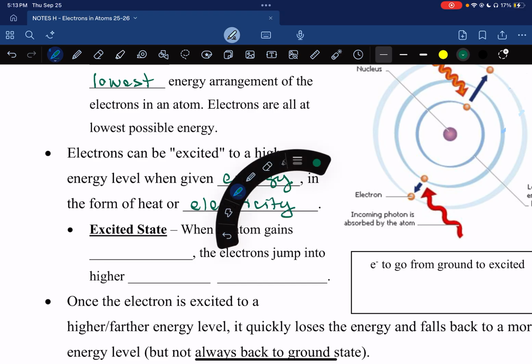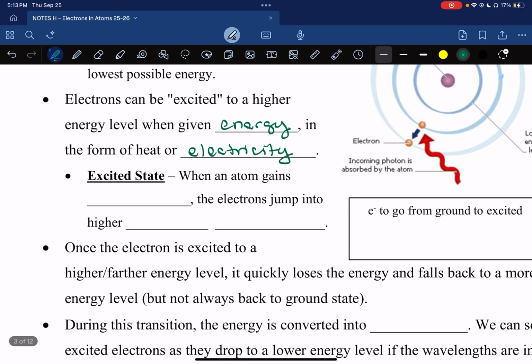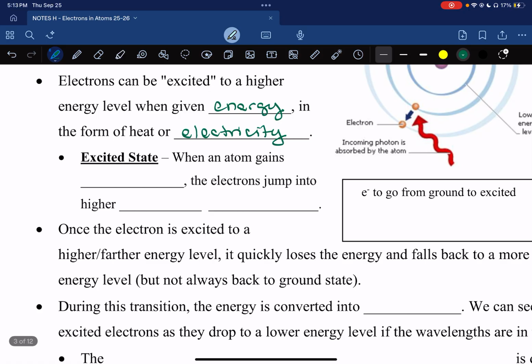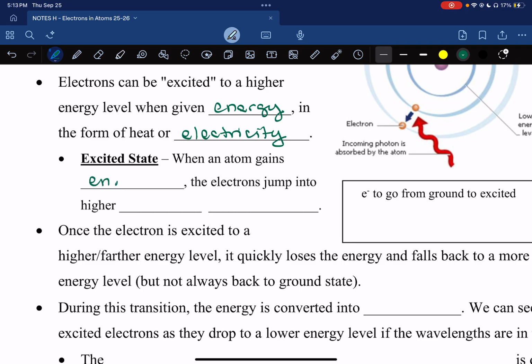This is not the only form of energy that can excite an electron, but these are two very common ones. In the excited state, an electron has gained energy and moves to a higher energy level.